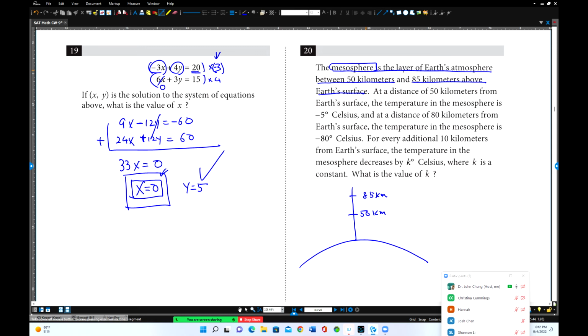At a distance of 50 kilometers from Earth's surface, the temperature is at this point -5. Getting higher, the temperature is getting lower, right? We understand that's Celsius.